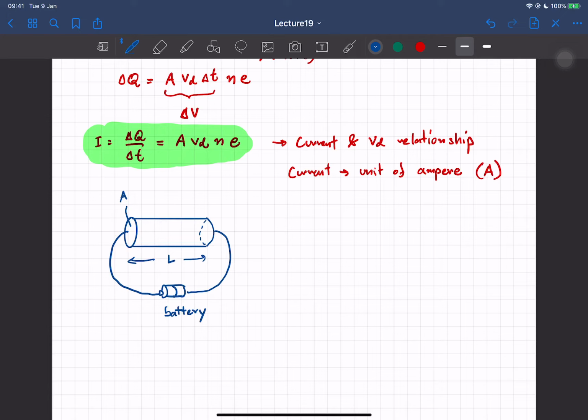Again, the battery will force the movement of the charge, in this case electrons. So this is the positive terminal, this is the negative terminal.